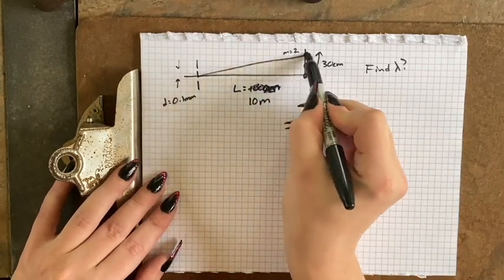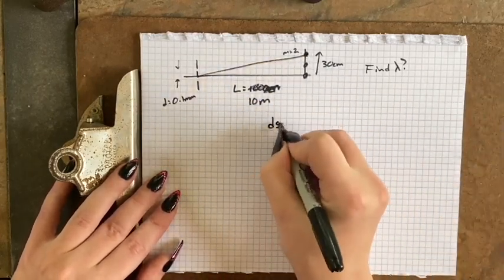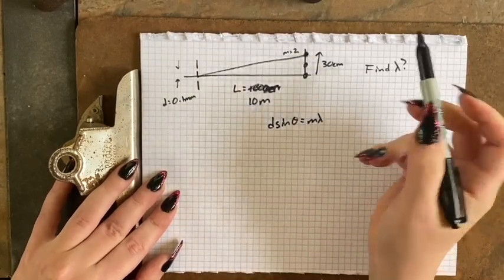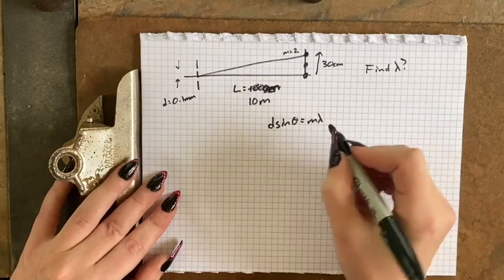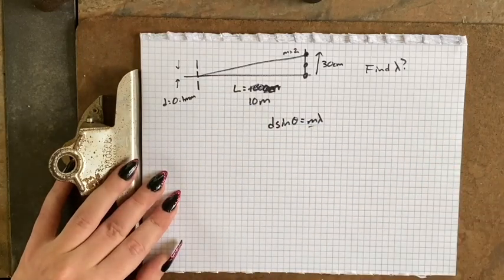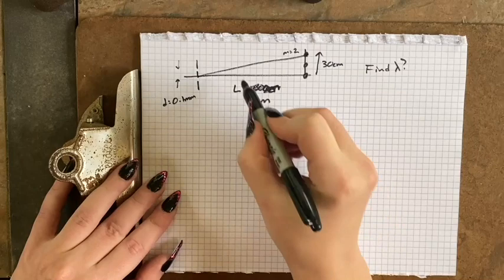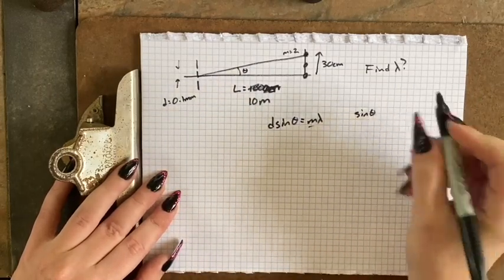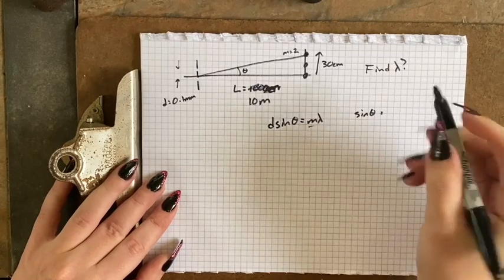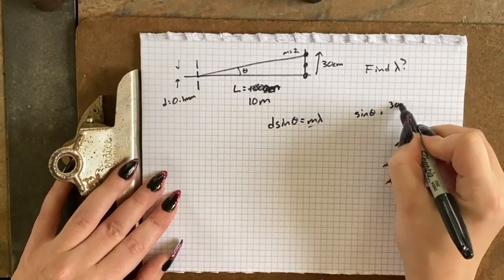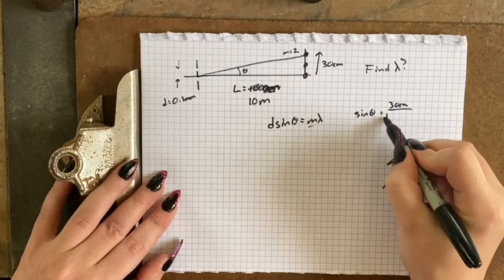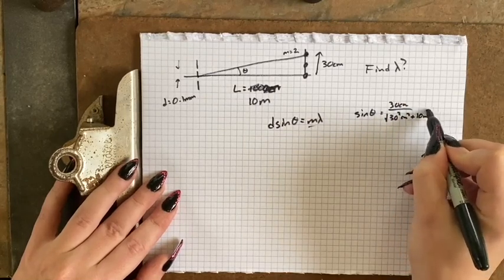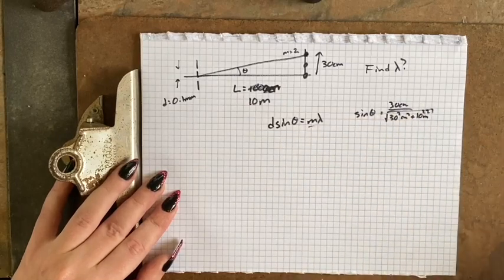So how might I go about solving it? I want to do d sine theta is m lambda. I can see that these are bright spots as indicated in the picture, so I'll use this version of the equation. How do we find the sine? You could say that the sine of the angle is opposite, 30 centimeters, over the hypotenuse. That's a mess.